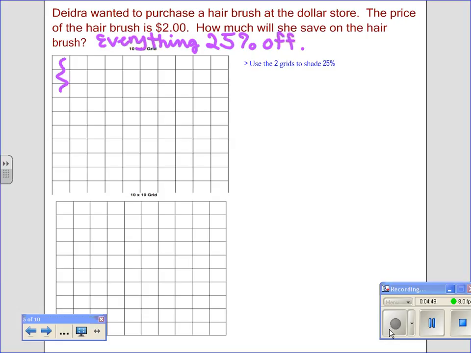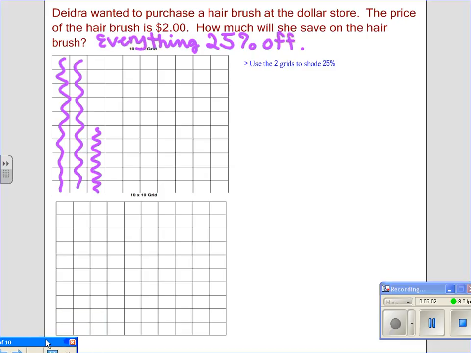That would be for every dollar that's spent. So this is $1. It's 25% off. And then this would be your other dollar, 25% off.